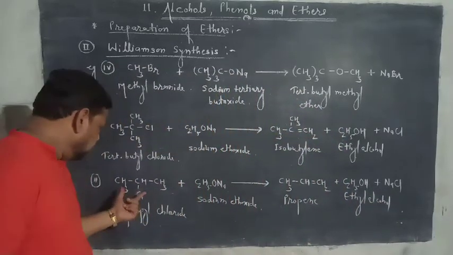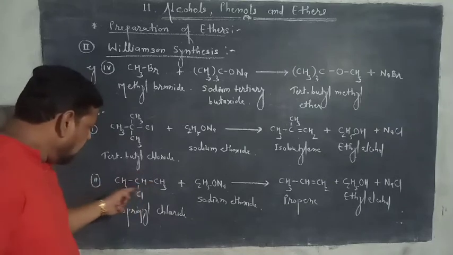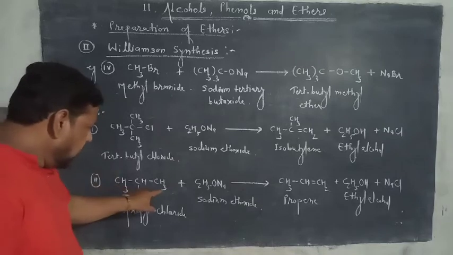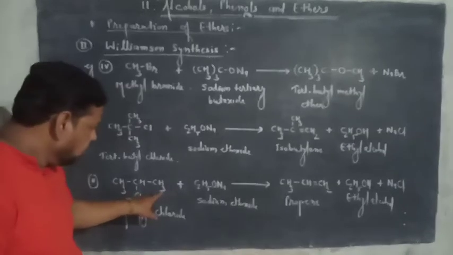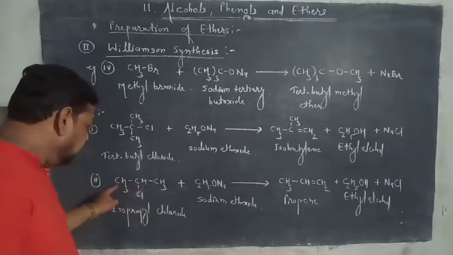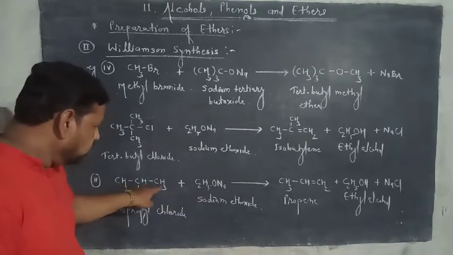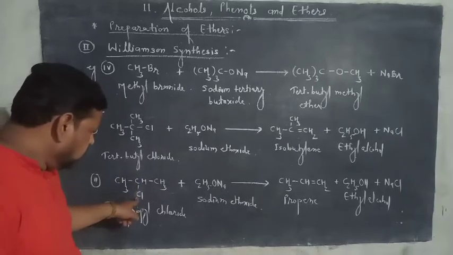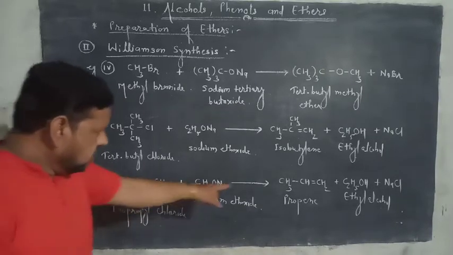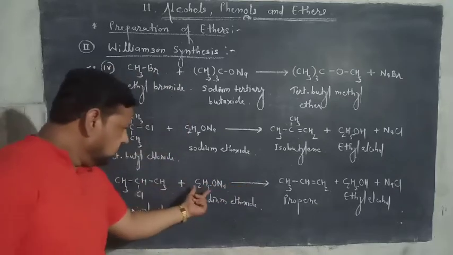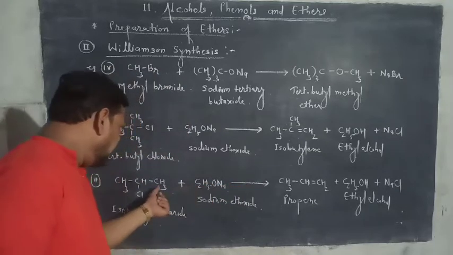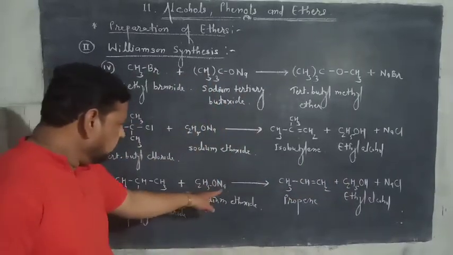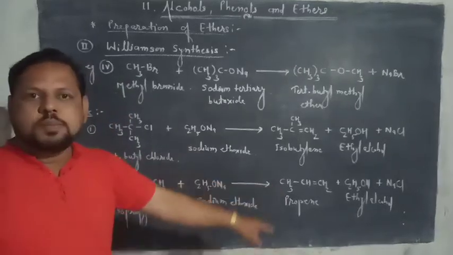See here, from this isopropyl group, one hydrogen atom is released, and it gives CH3CH=CH2, and the chlorine atom is also released, and it gives propene. Then this C2H5O and one H give ethyl alcohol, and the remaining portion is NaCl, sodium chloride.